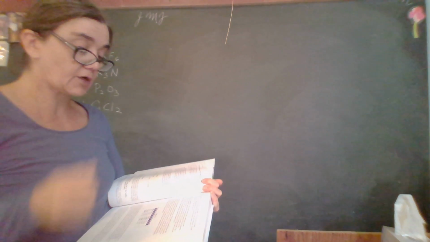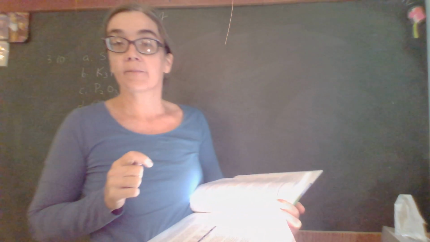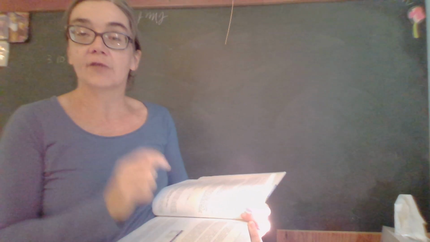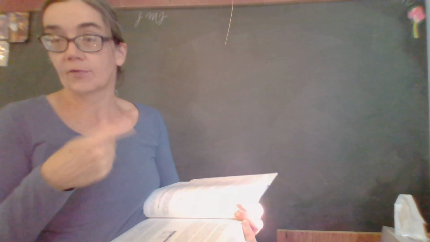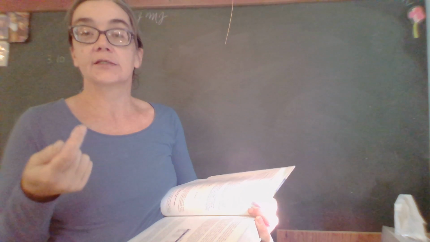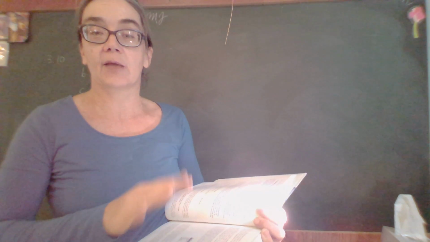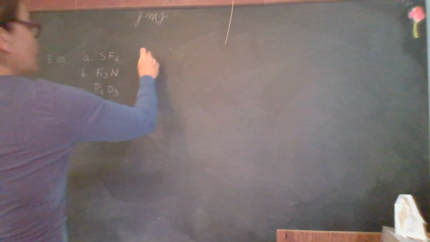All right, so the rules for covalent says that we're going to use the prefixes unless the first element named is a mono, in which case we don't name it. Other than that, we're going to name it. So since this is a covalent compound, we're not going to say monosulfur. We're just going to say sulfur.